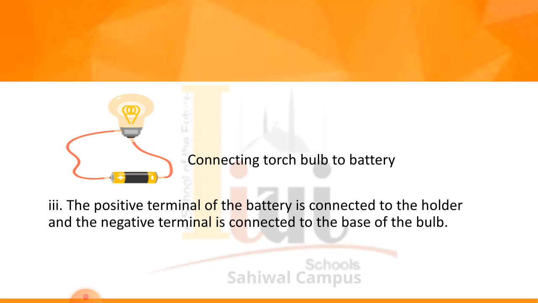We have connected both the terminals of the electric cell and the bulb in the proper position, and the flow of current from the positive to the negative terminal is easily available, so the bulb will glow.